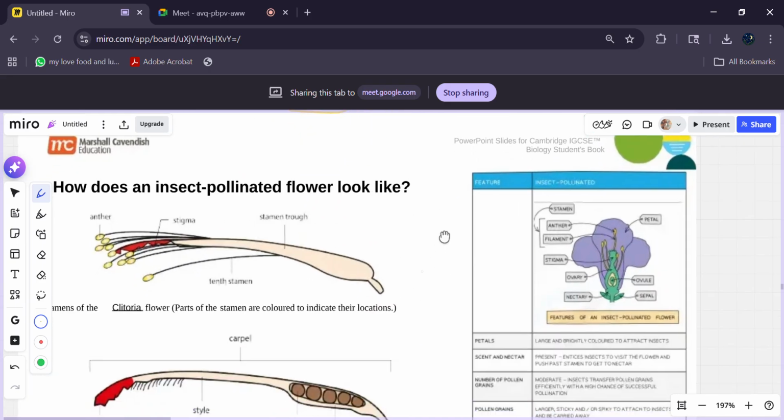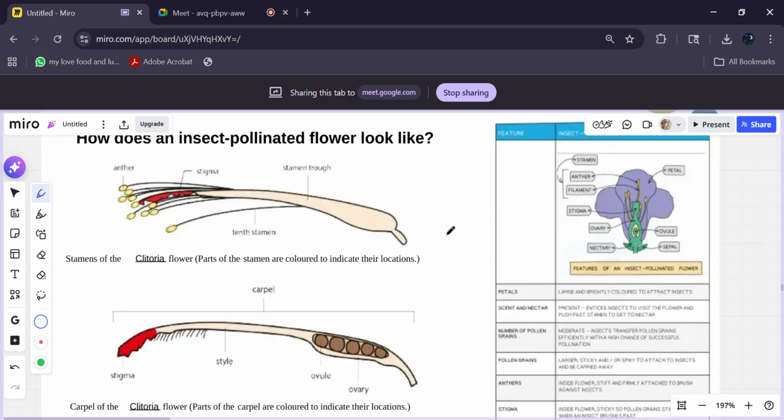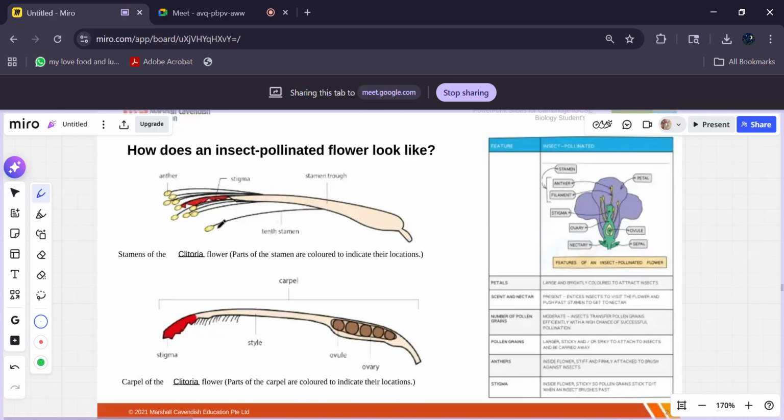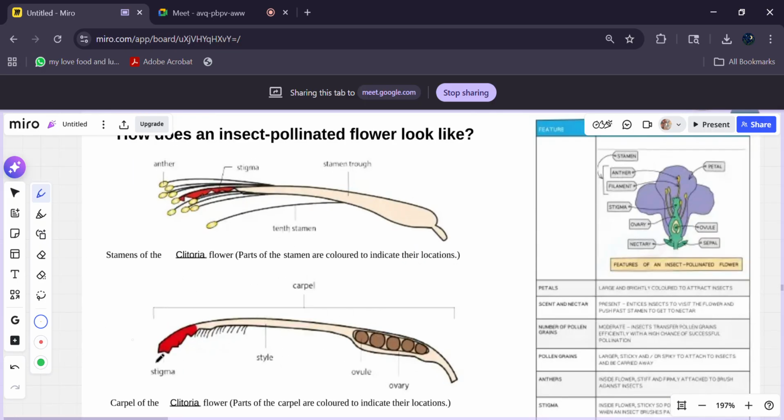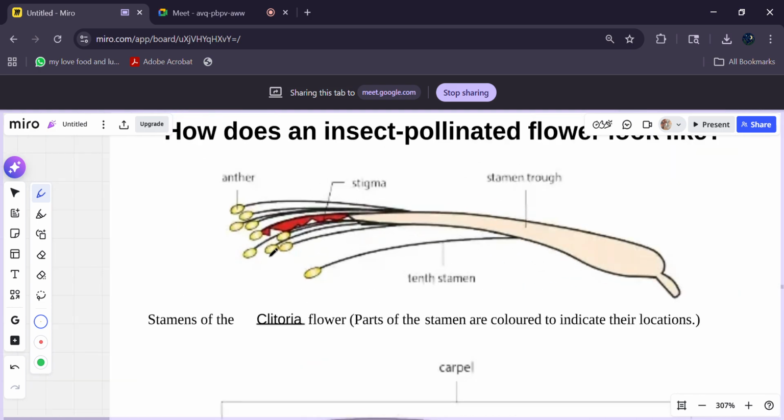Okay, so here's the diagram of an insect pollinated plant. This is the stamen and this is the carpel. As you know, the carpel is the female and the stamen is the male. Here's the anther and here is the stigma.